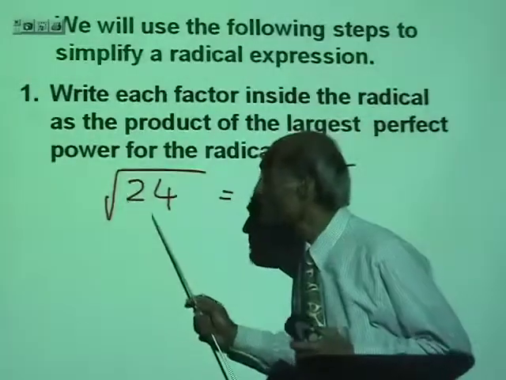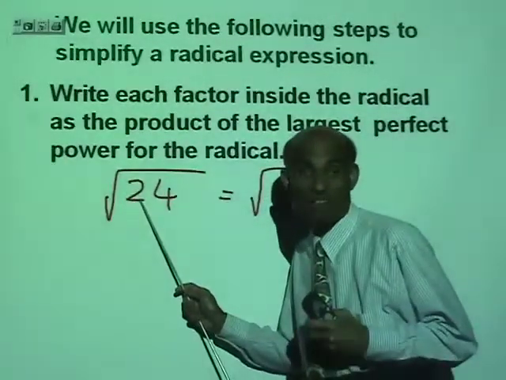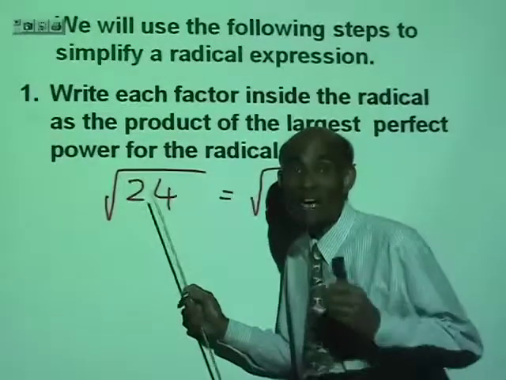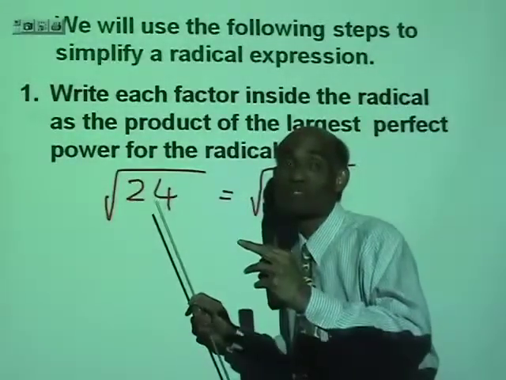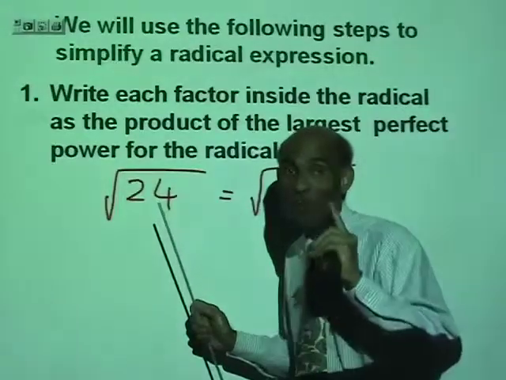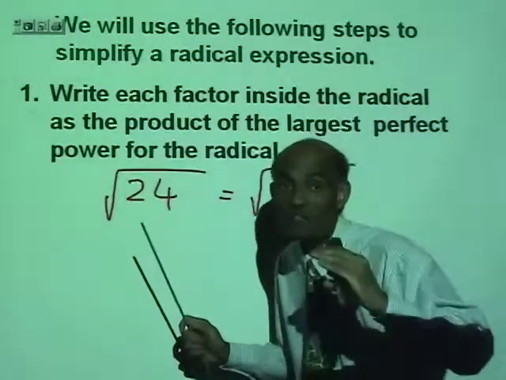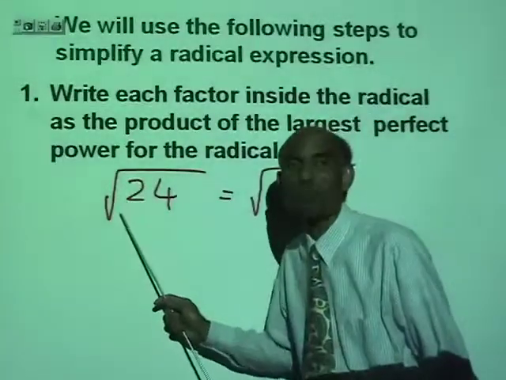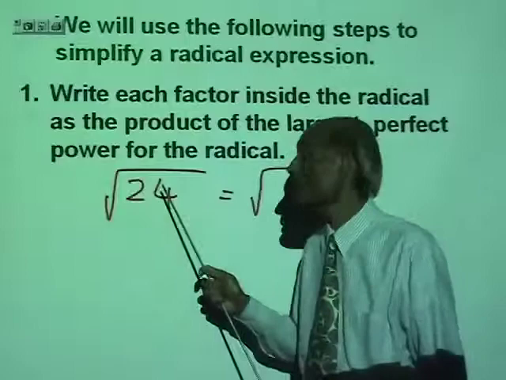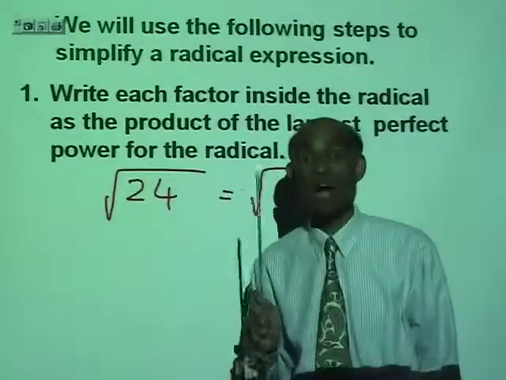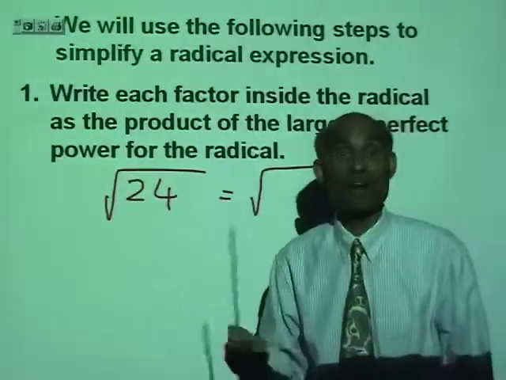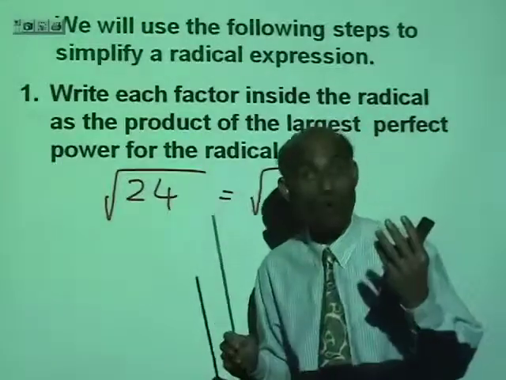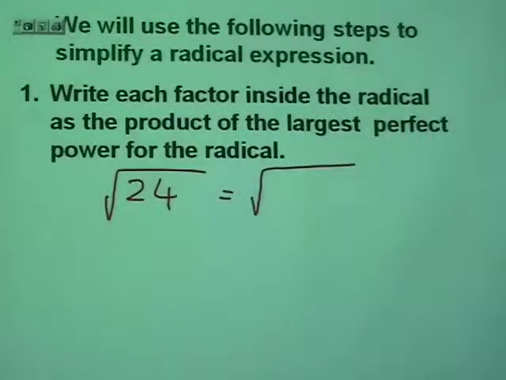So when you want to simplify a radical expression like this, write this as the product of two numbers such that one of them is the highest possible perfect square. Now what is the highest possible perfect square in 24? The highest possible perfect square in 24 is 4. So 24 can be written as 4 times 6.